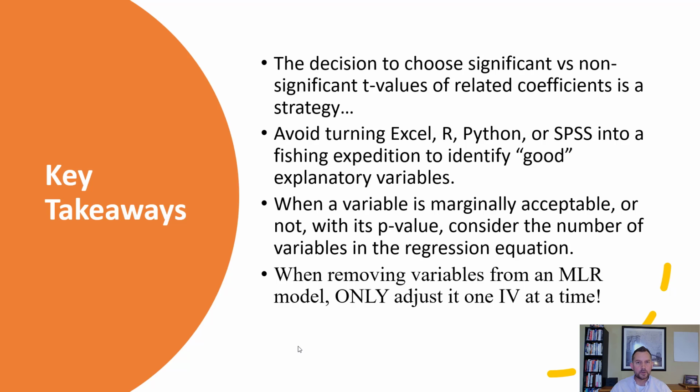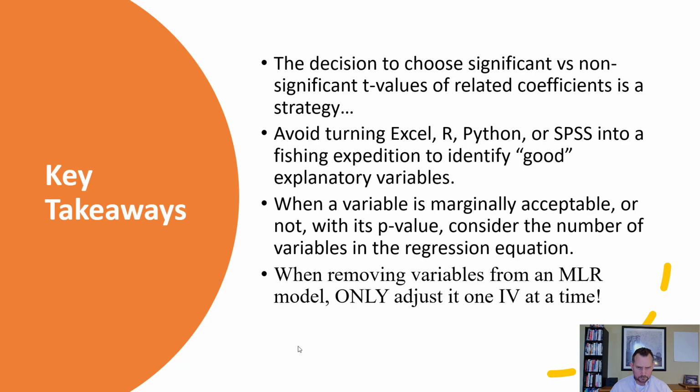We evaluate variables for a fit. However, we want to make sure that keeping one in or removing it is justified. Number four, when a variable is marginally acceptable, so say it's 0.051, or maybe it's on the p-value, 0.049, so it's marginally acceptable or not.